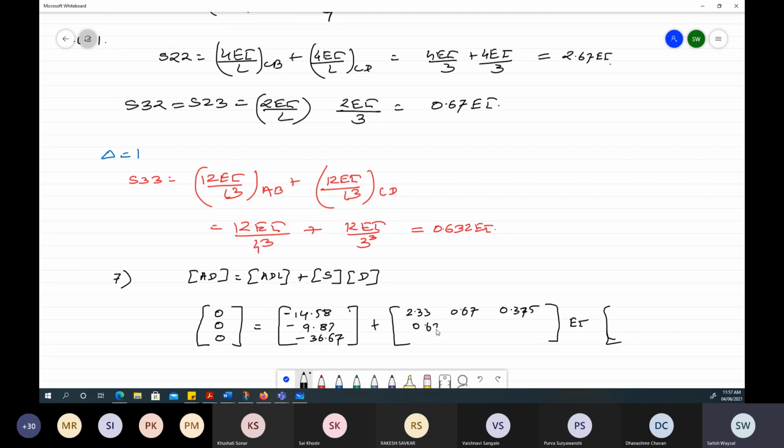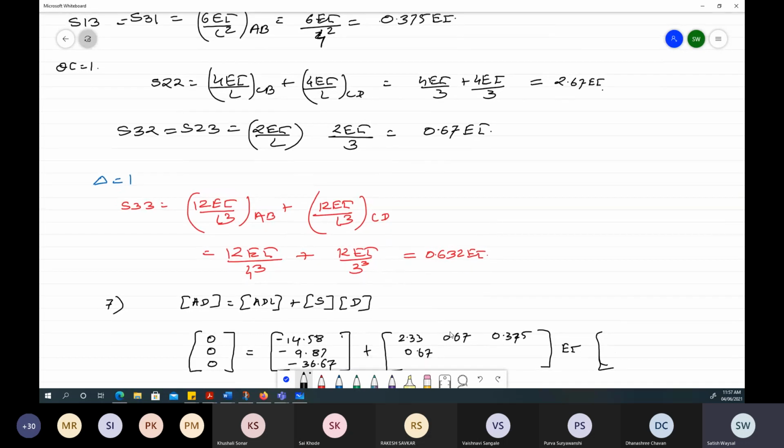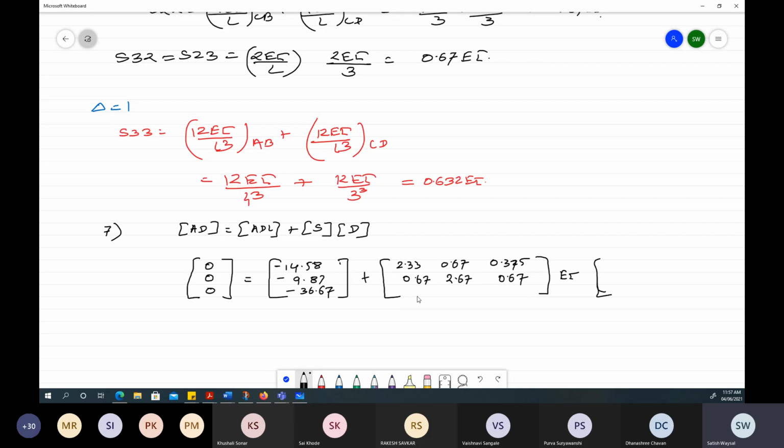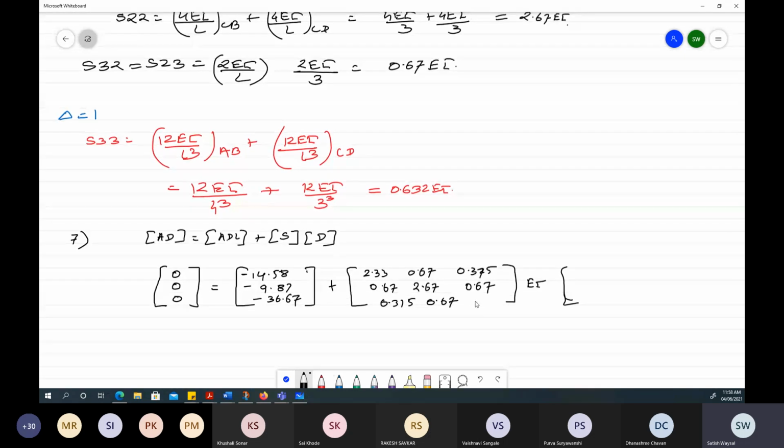Now this is 0.67, this here plus S22, 2.67 and this is 0.67, 0.375, 0.67, S33 is 0.632. This is EI into theta B, theta C and delta.